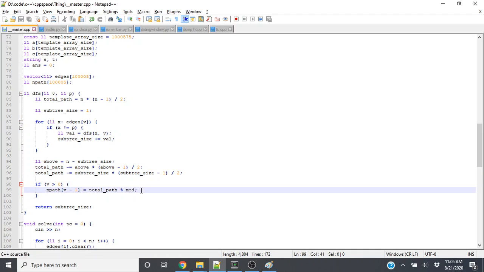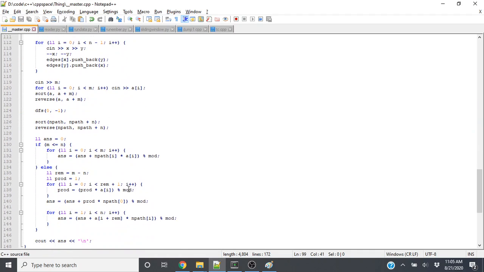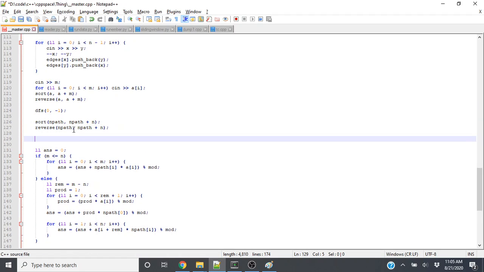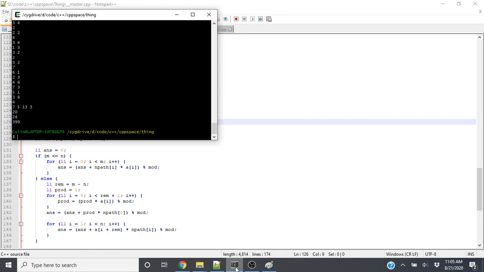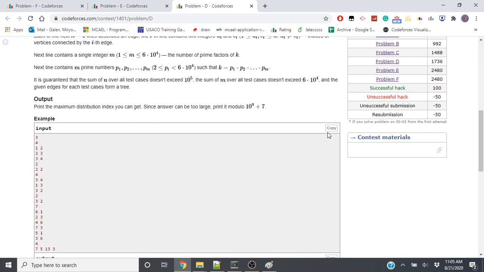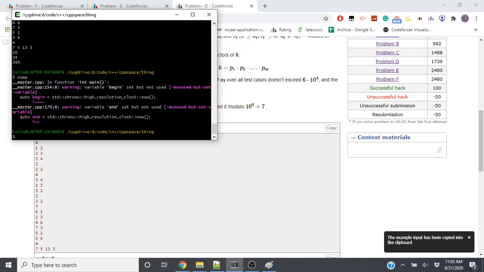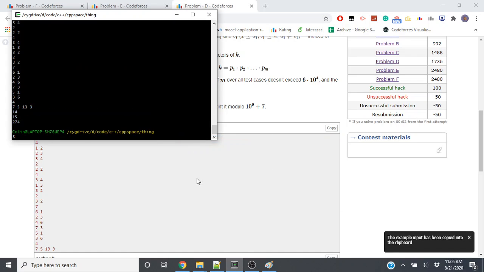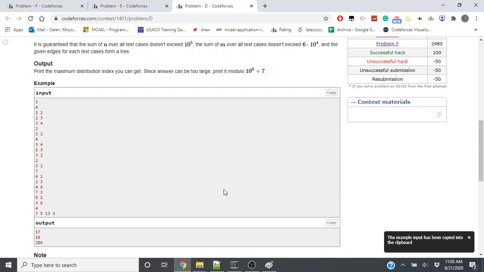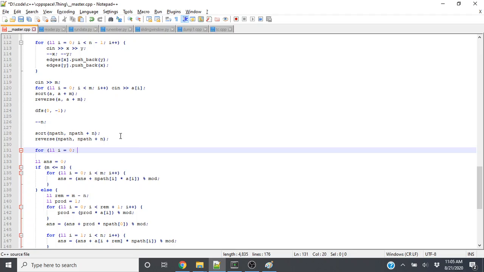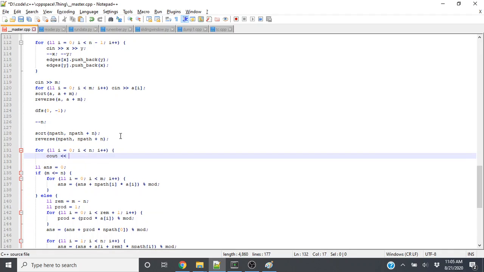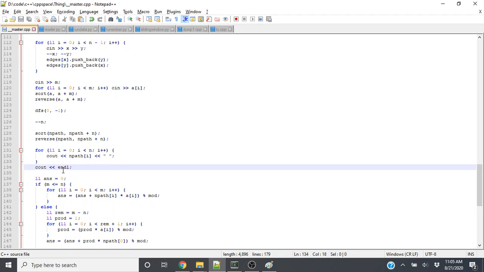And now we're going to just subtract n because we don't care about the number of nodes, we care about the number of edges. That was very stupid. Okay, now we're more wrong. What is with that?